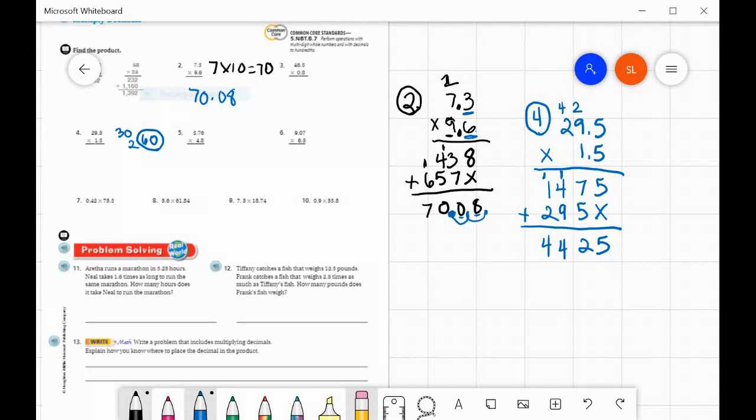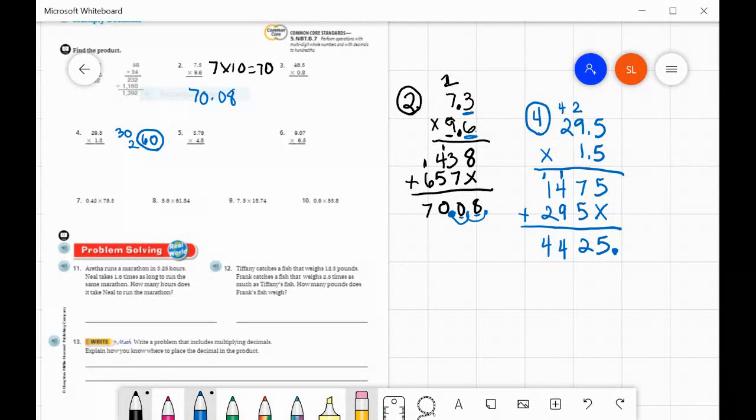Okay? Now, our answer is going to be somewhere in the 60s, or somewhere near 60. All right? So right now we have 4,425. So we want our answer to be reasonably close to 60. The decimal point currently is right here.